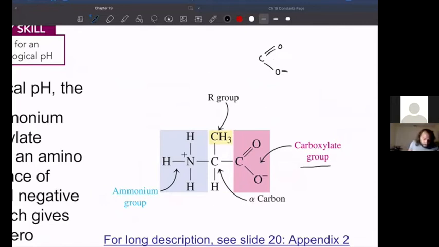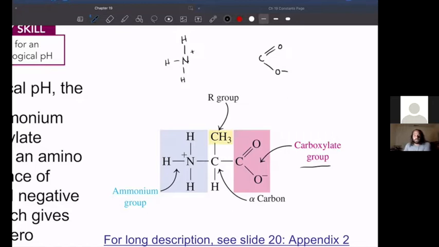Likewise, the amino form is not actually an amine, it's an ammonium group. So instead of being the NH2 amine group, it's now accepted a proton and has a positive charge. Okay, remember, amines can play the role of bases, so they'll only ever be in the amine form at high pHs.